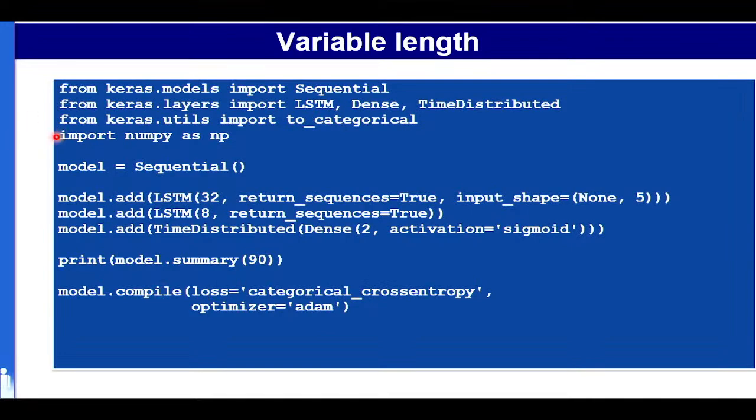So now, how is this represented inside the code? Okay. So you can use a sequential model. You can just add an LSTM with 32 of these units that I just showed you.